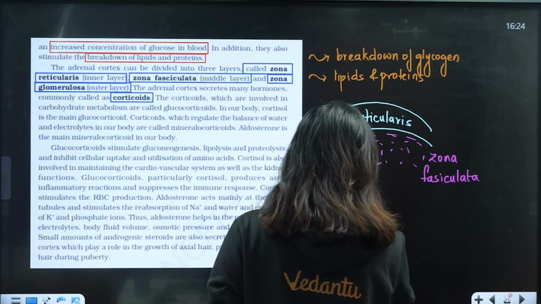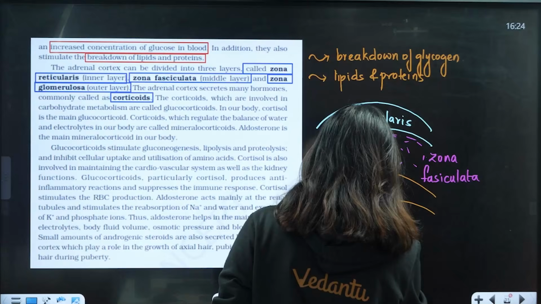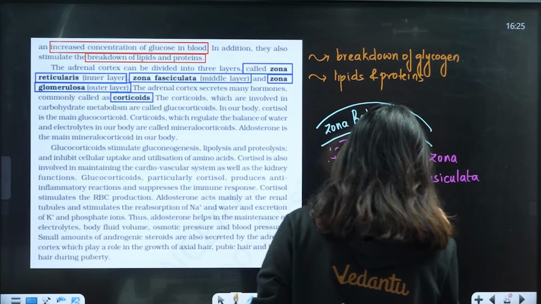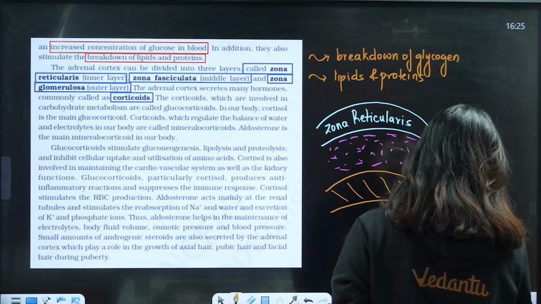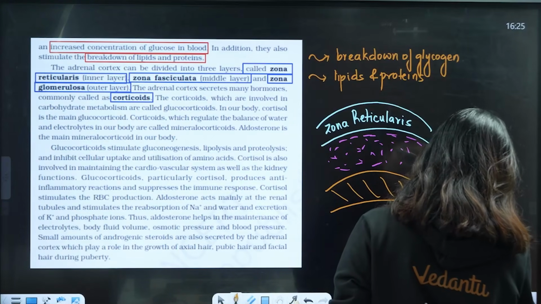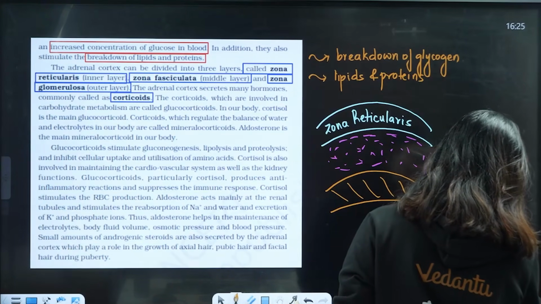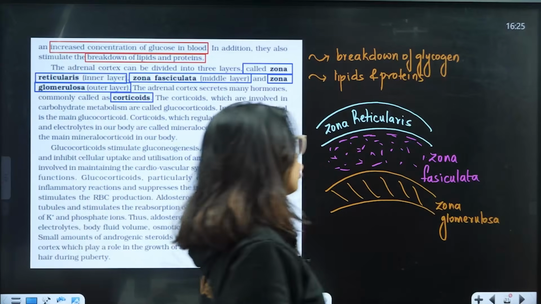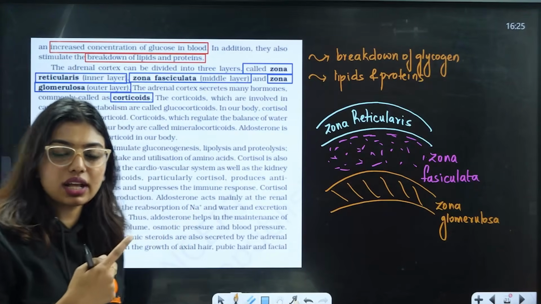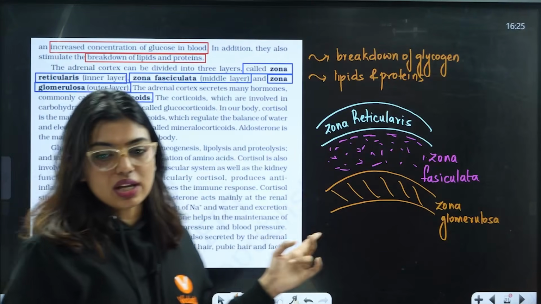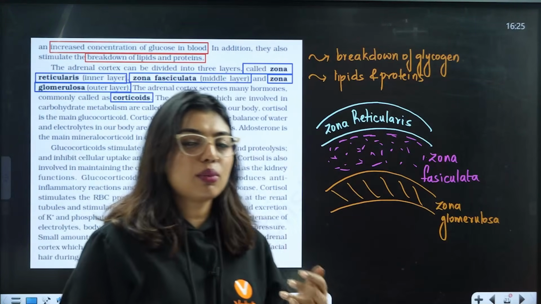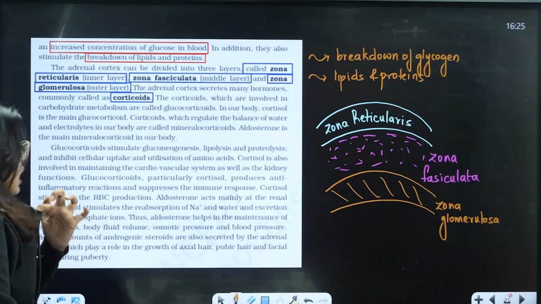Then we have the last layer, which is zona glomerulosa. By mistake, I said reticularis. Sorry: zona reticularis, zona fasciculata, zona glomerulosa. Zona glomerulosa is the outer layer.